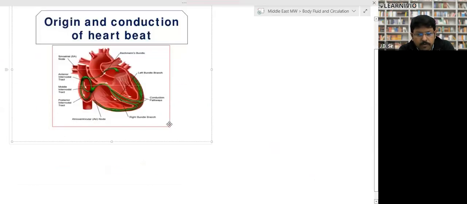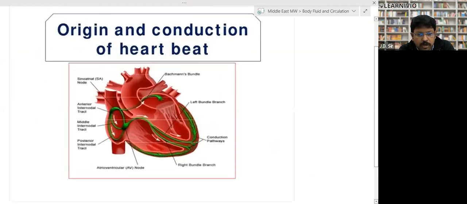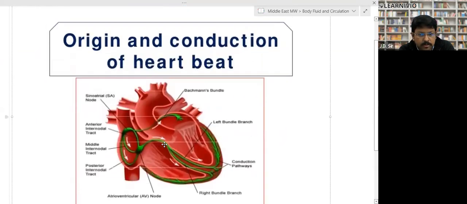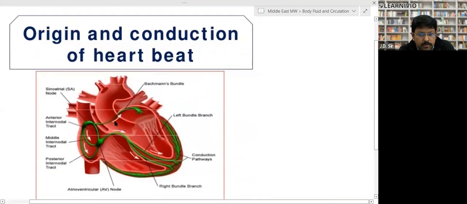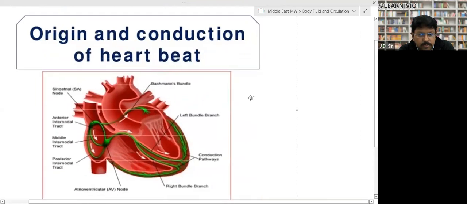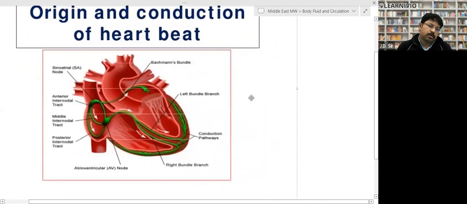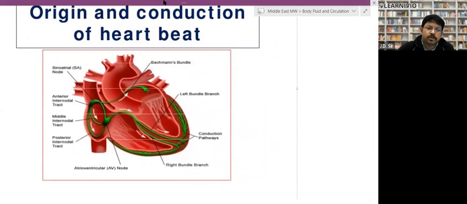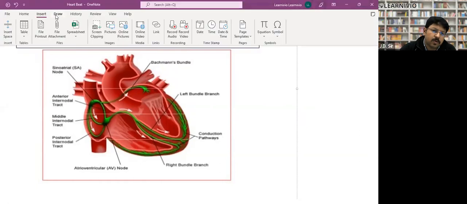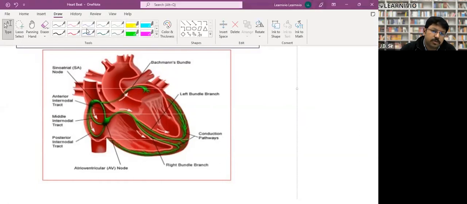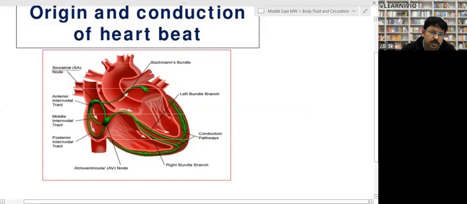There is a network of neurons which are responsible for our heartbeat. Our heartbeat starts from here. There is a structure called the SA node, sinoatrial node. The sinoatrial node is called the pacemaker.